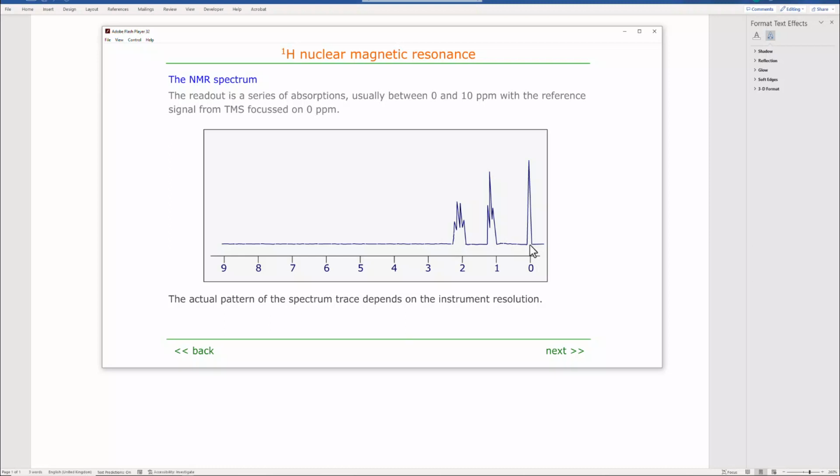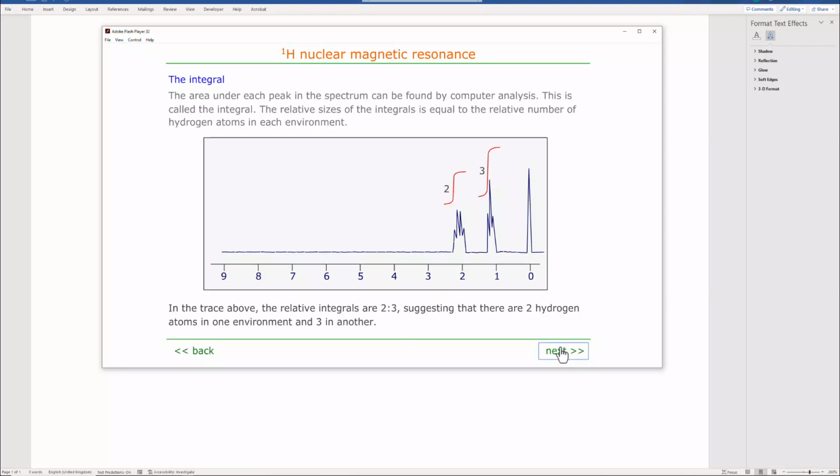So the signal that moves towards the left appears at 1 part per million, or delta 1. This would be said to be shifted by 1 delta value, and around about 1, this is a typical region where absorptions occur due to methyl groups or alkyl groups.